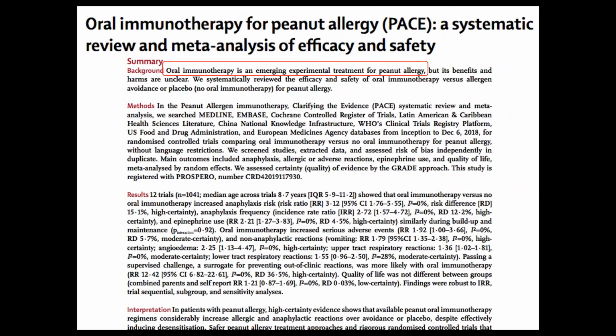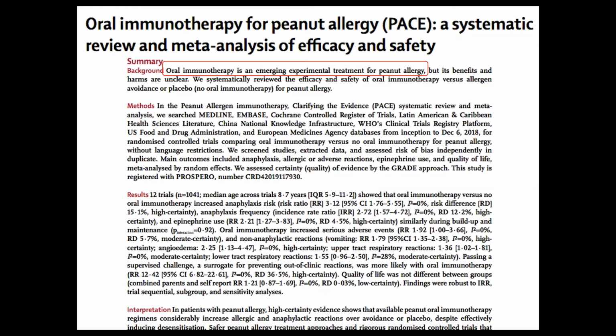The next topic in the Lancet involves oral immunotherapy for peanut allergy. And we've looked at papers in the New England Journal and even in Science indicating that young patients that have a risk of having an anaphylactic reaction can be orally desensitized so that they then will tolerate the peanut antigen.